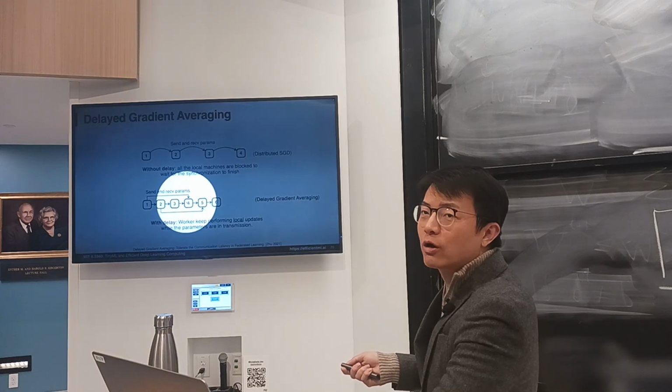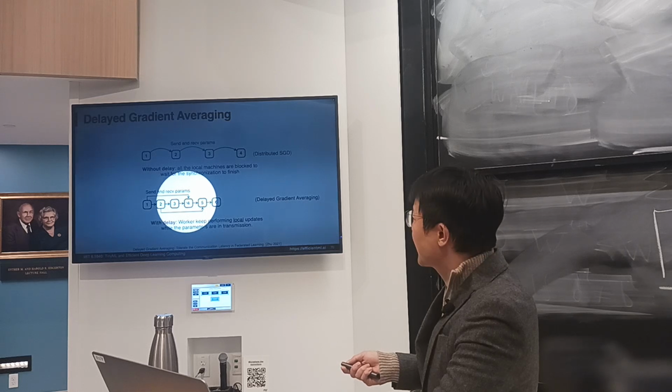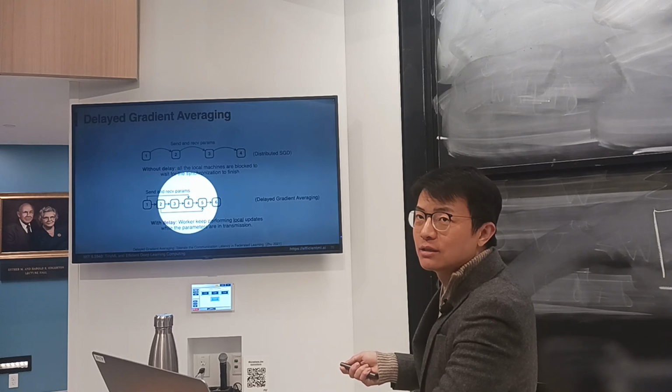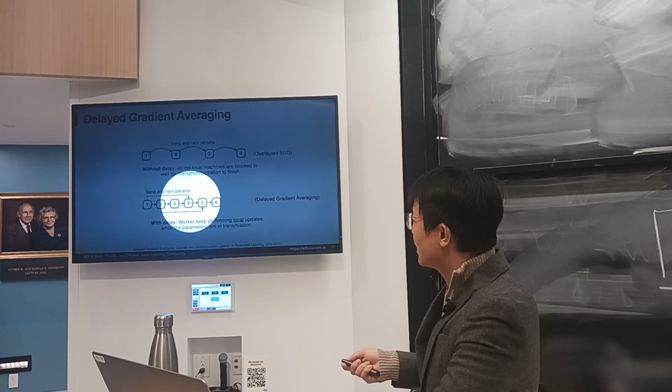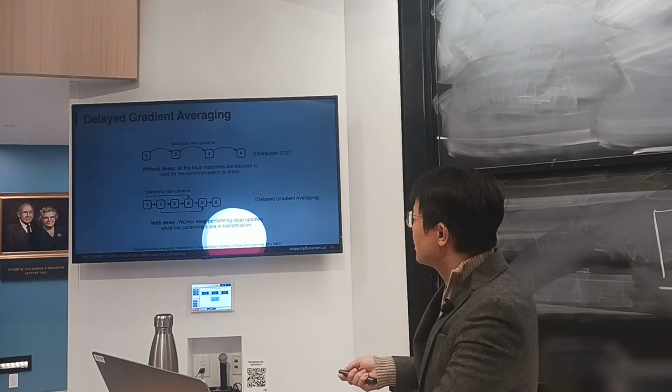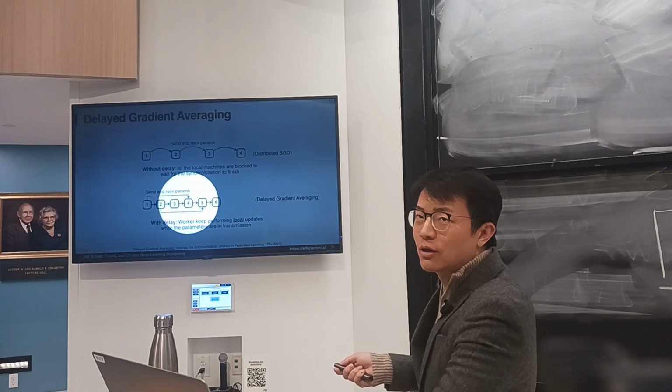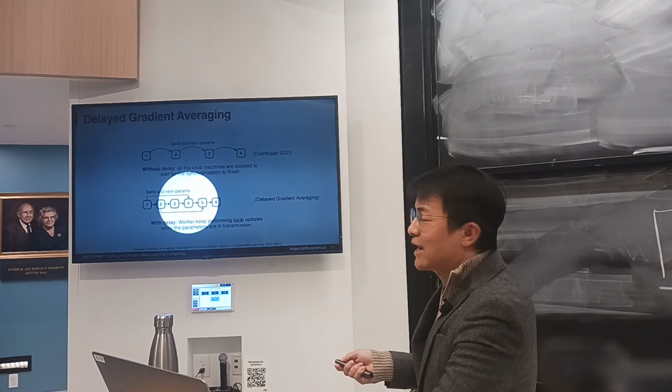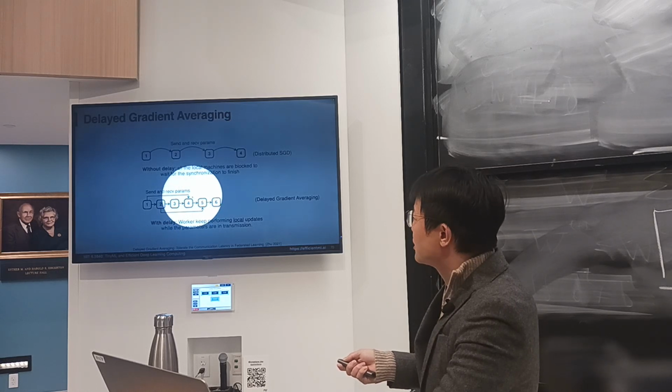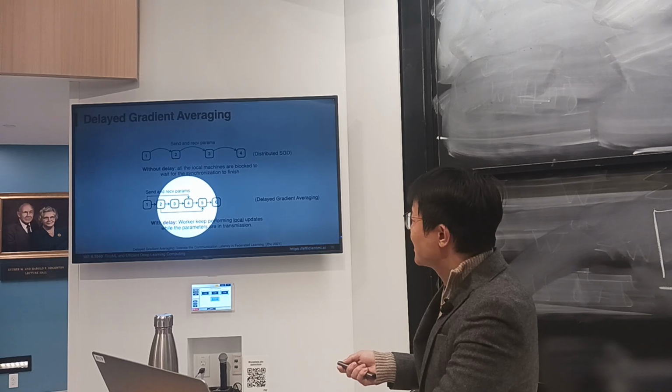It was 3 steps before, so that's a stale gradient. But fortunately, our study in this paper finds it's still possible to converge perfectly by using stale gradients to a certain extent. At least 3 steps is very safe.